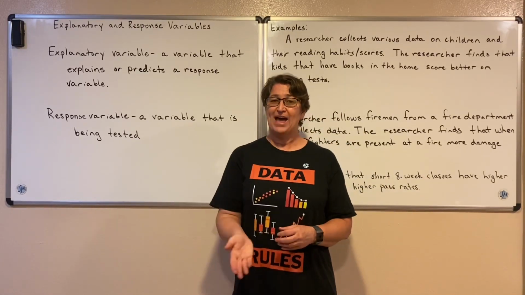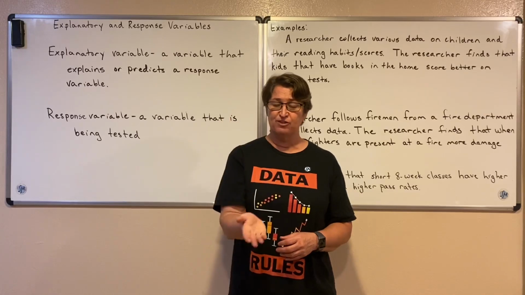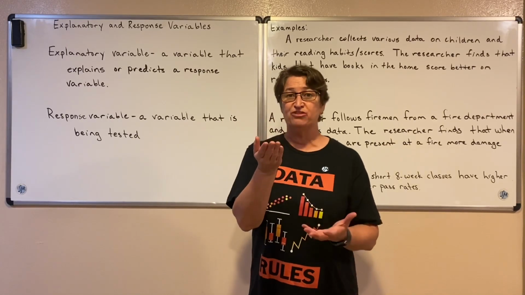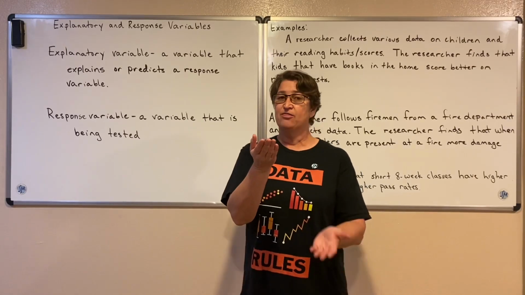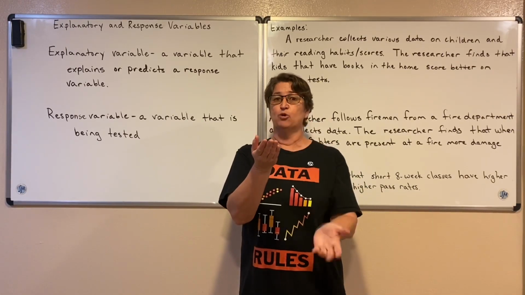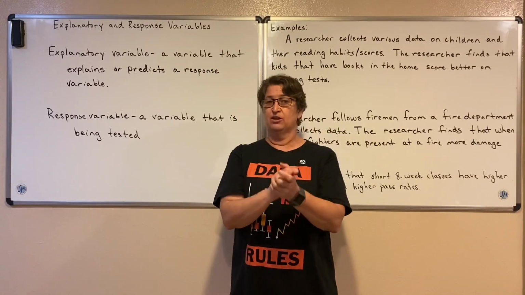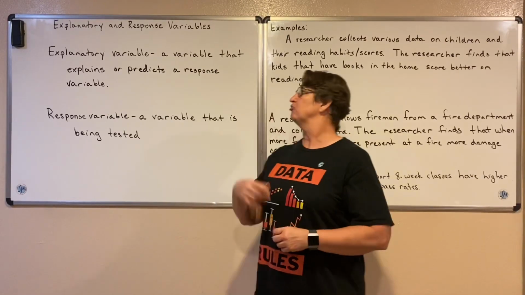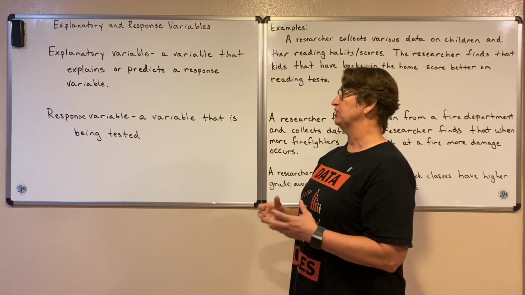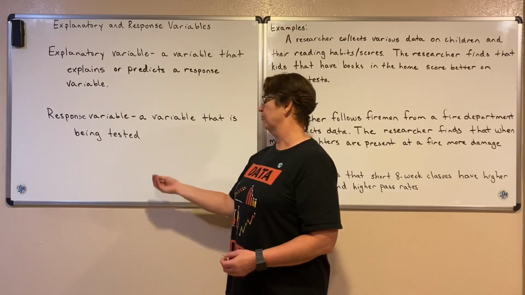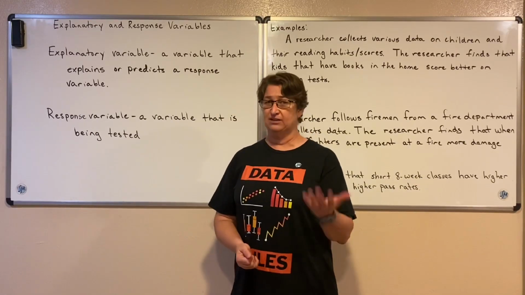So that explanatory variable, if this one increases, it might let me know, it might predict, it might explain that my response variable, my other variable, is also going to increase. I can then predict. So the explanatory variable is just the one that explains or predicts, and the response variable is the one that I'm actually testing.